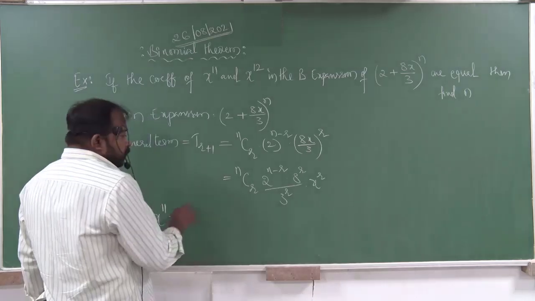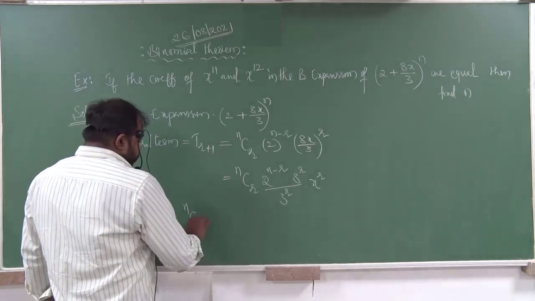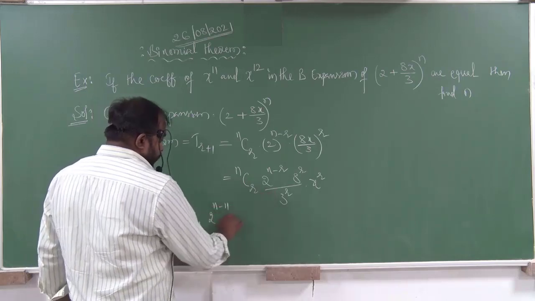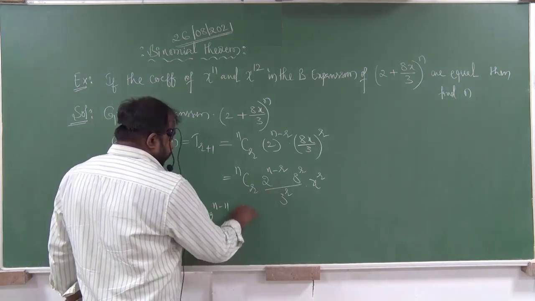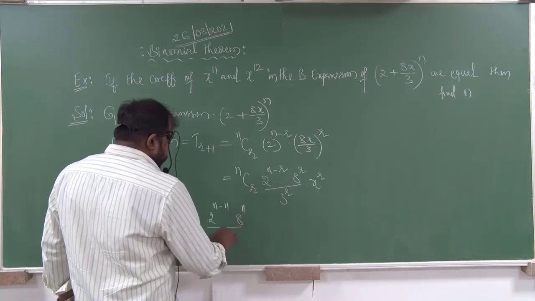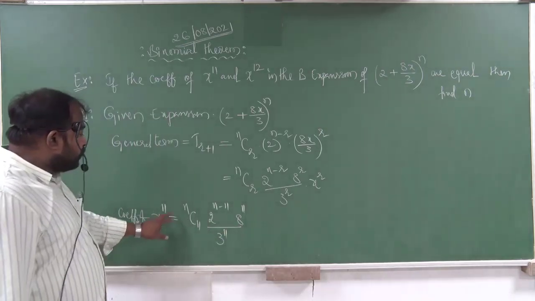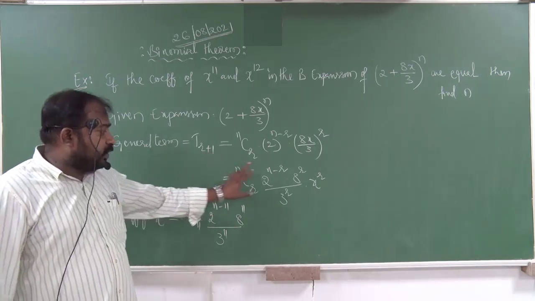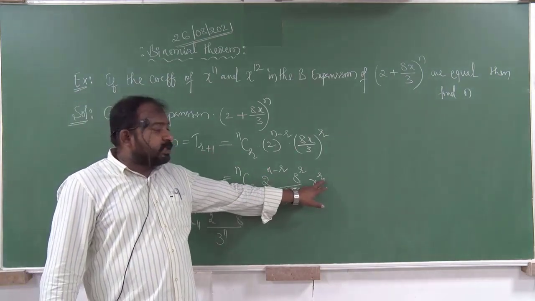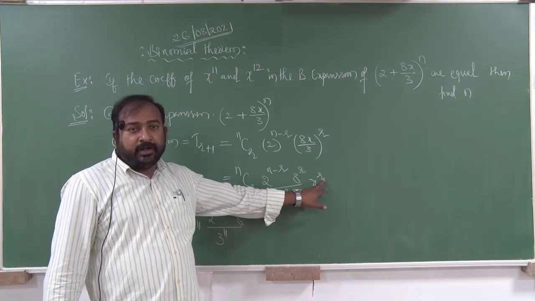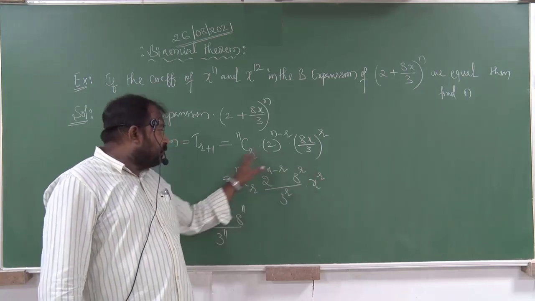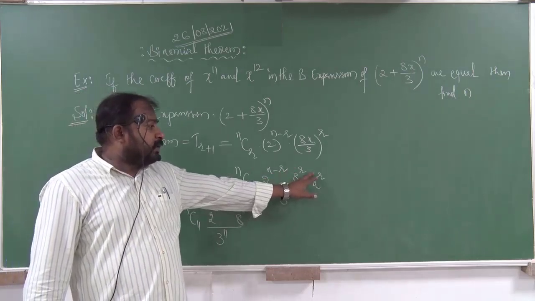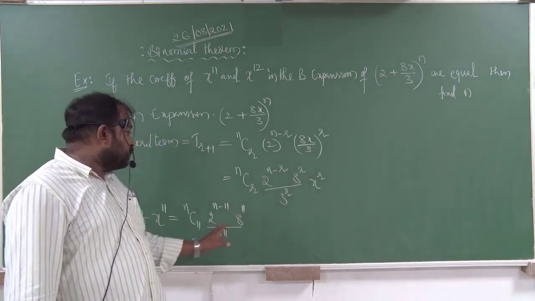So the x power 11 coefficient is nC11 into 2 power n minus 11 into 8 power 11 by 3 power 11. This is the coefficient of x power 11. In this general term, if I replace r by 11, I get x power 11 into some quantity. Since for the coefficient, leaving that x power 11, I have to take the whole value as the coefficient.